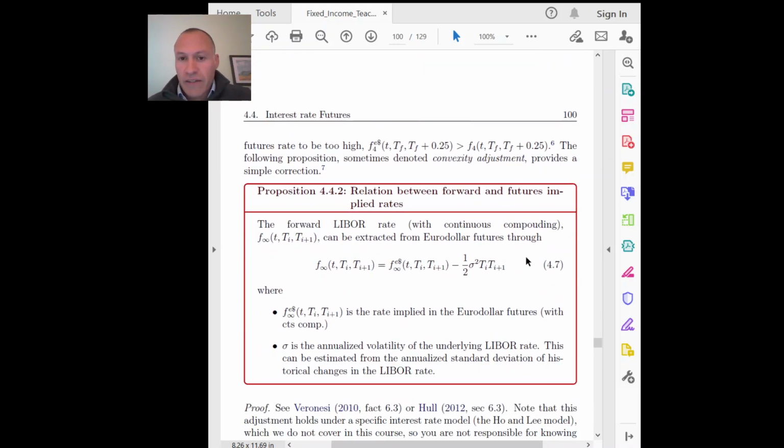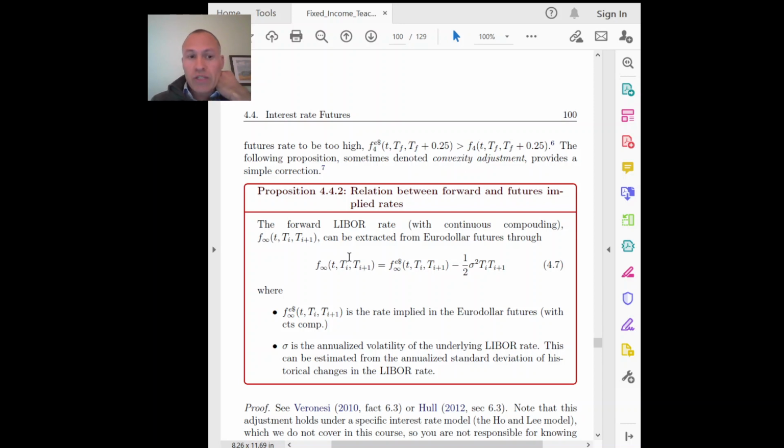The fact that there is daily mark-to-market in the futures creates a difference between the rate that is quoted in that indirect way through the Q, the bond price, and what is actually the forward LIBOR. Okay, and in fact, the rate that is quoted is too high relative to the true forward rate.